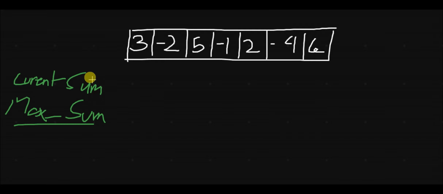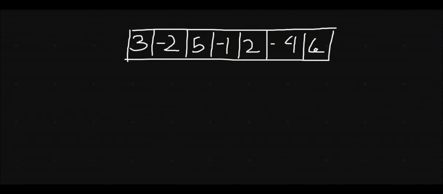The maximum sum is the maximum value found so far, and the current sum is the sum you are currently looking at. If this is your current sum, then your maximum sum is 3.